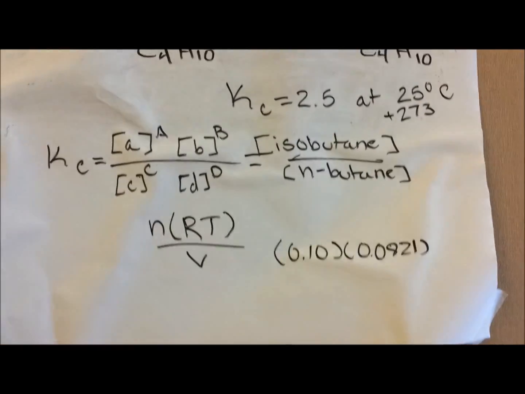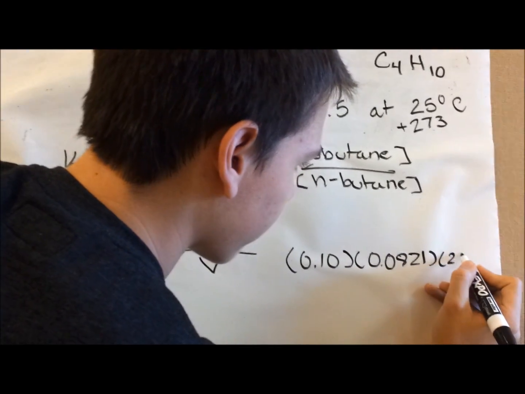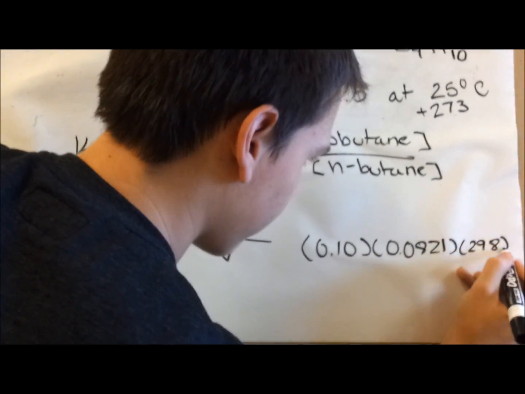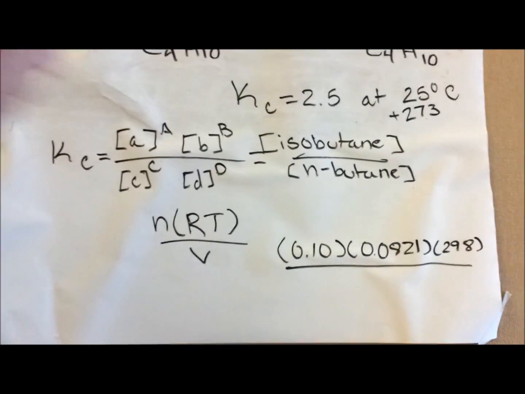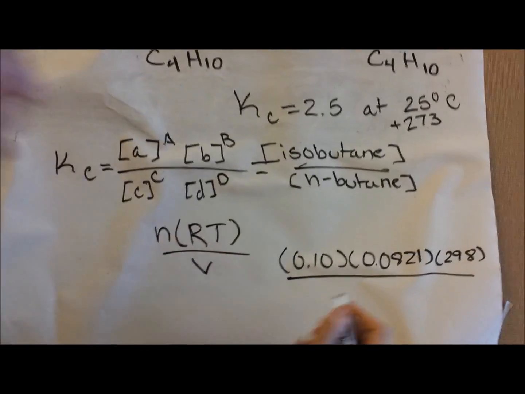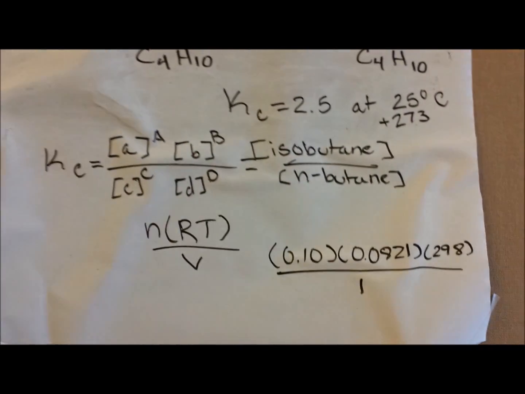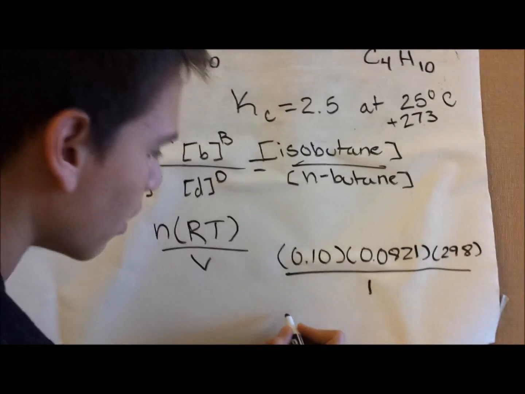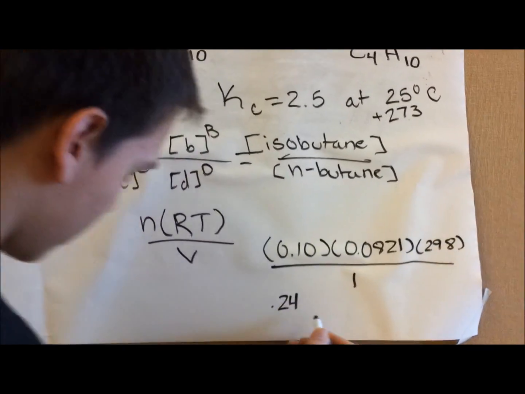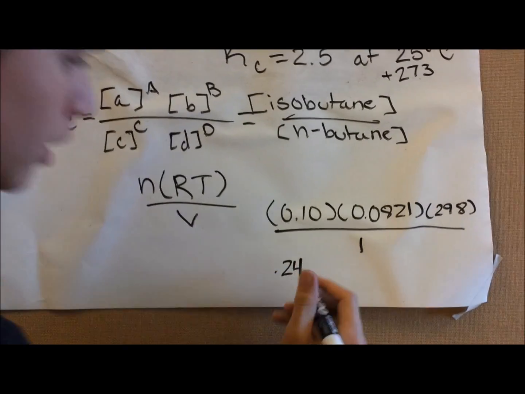So add 273 to that, and we get 298. And divide it by the volume, which is 1 liter. So over 1, and we get 0.24. And that is in ATM because it's pressure.